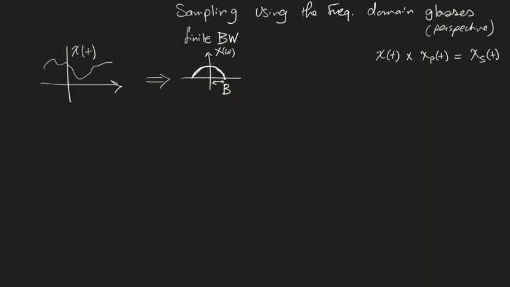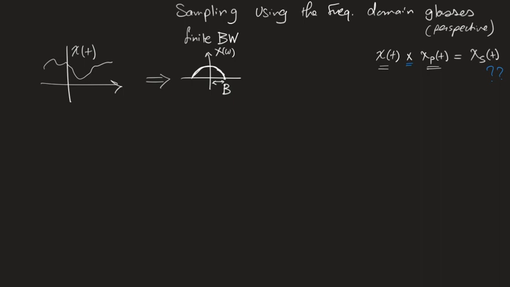I need to figure out the frequency domain of this one, the frequency domain of that one, what's the equivalent of doing this multiplication in time from the Fourier transform properties table, and then accordingly I can find how this sampled signal would look in the frequency domain.